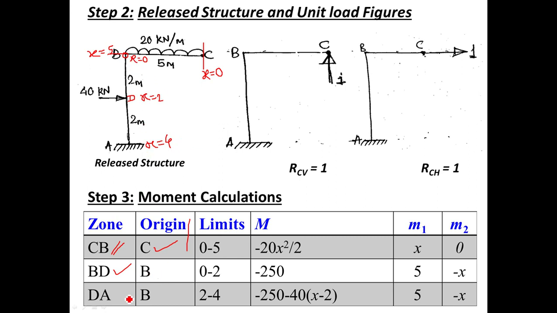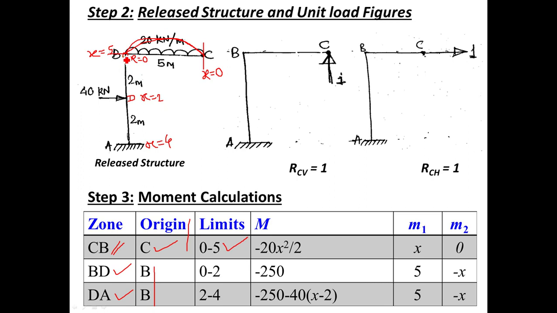So these are the distances of x considering B as the origin for the column. So for the next two zones, B to D and D to A, the origin is B, and for the beam's first zone, C to B, the origin is C. Now the limits for the first zone, that is C to B, are x equal to 0 to x equal to 5u. And for the remaining two zones of the column, B is taken as origin.